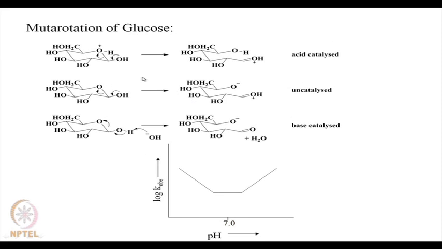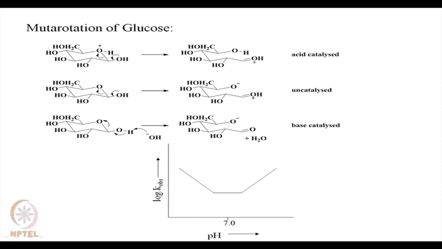Next, another interesting example, mutarotation of glucose. So, it is the cyclic form of glucose. Now, if it is acid catalyzed reaction, then we see that this is the mechanism. This is for uncatalyzed one, this is the uncatalyzed mechanism, and this is the base catalyzed mechanism.